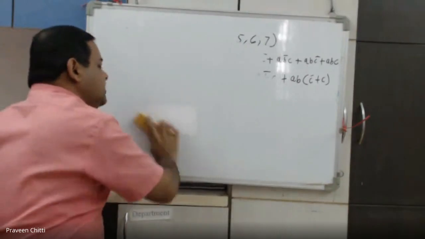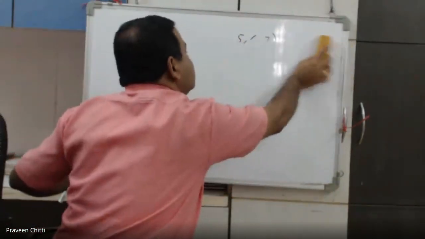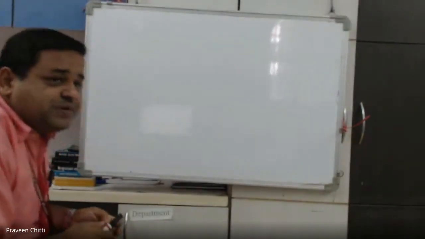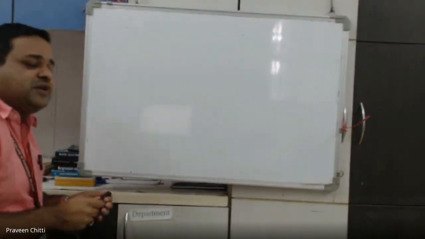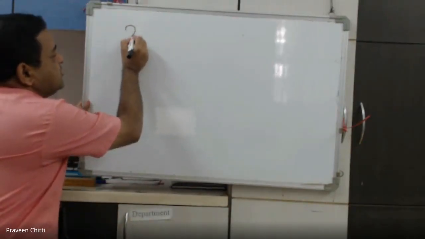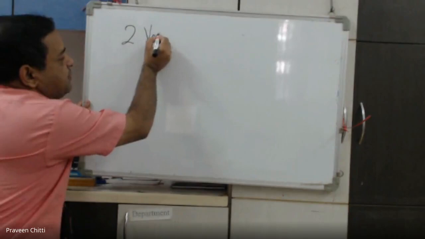Again I am repeating, K-map is a graphical method of simplification, and it gives us fundamental product terms in SOP expression and fundamental sum terms in POS expression. So now we'll be discussing two variable K-maps.